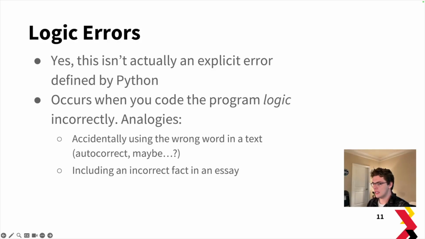Another analogy, a little bit bigger, is using an incorrect fact in an essay. Say you're writing an essay that goes through different facts about computer processors, like how they're made. Somebody takes a look at your essay and says, I want to replicate the information in this.